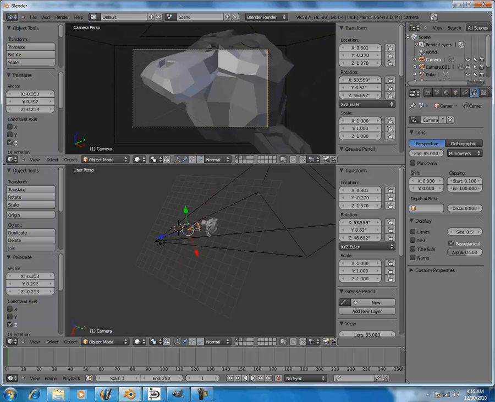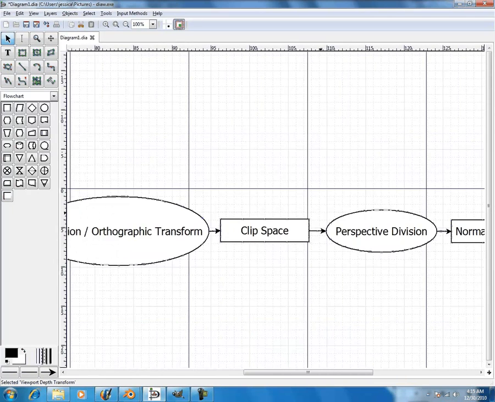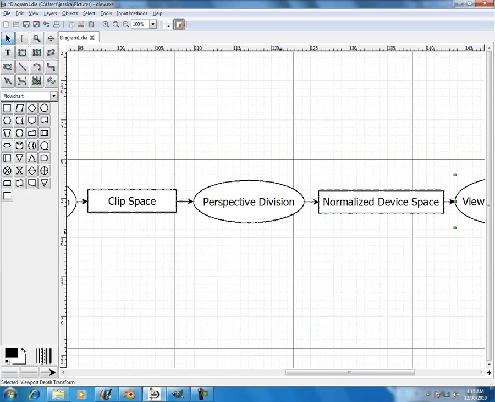Okay, so the really important part to understand here is that these coordinates are going to be multiplied through these matrices, and it creates what's called the model view matrix. We're almost done with the whole process here in the chain. We've already talked about clip space. Our perspective division. What is perspective division? Well, perspective division gets into more or less the homogeneous form of your normalized device coordinates.